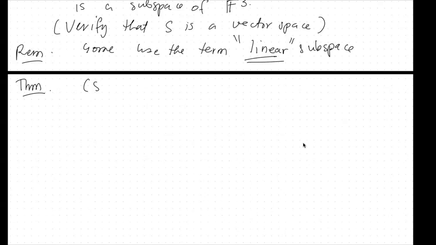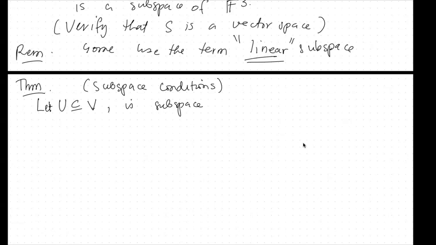So here we have the theorem on subspace conditions. A subset U of V is a subspace of V if and only if we have the following.